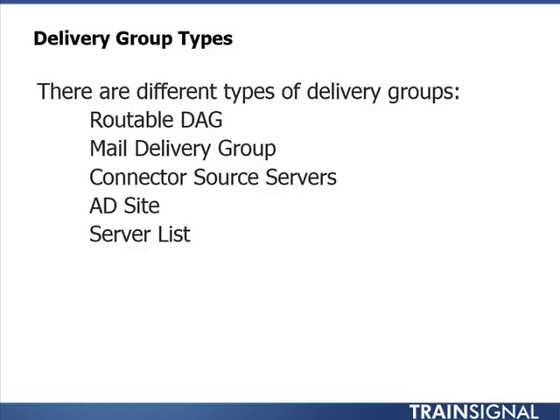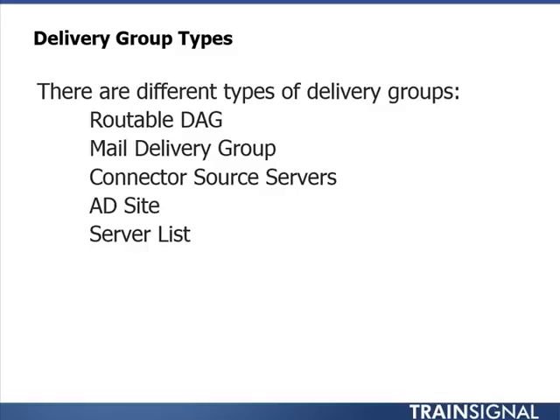In that case, delivery is automatically routed, perhaps outside of the normal routing of things, to that server list. The first two are more of the default flow of things, where if it's part of a DAG and it's Exchange 2013, the flow of mail will actually work within that DAG, and so the DAG becomes the delivery group boundary.